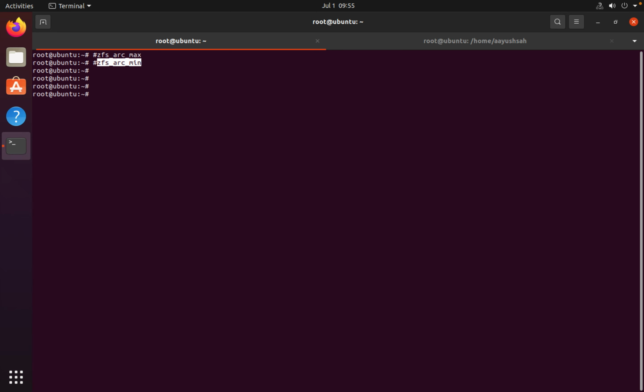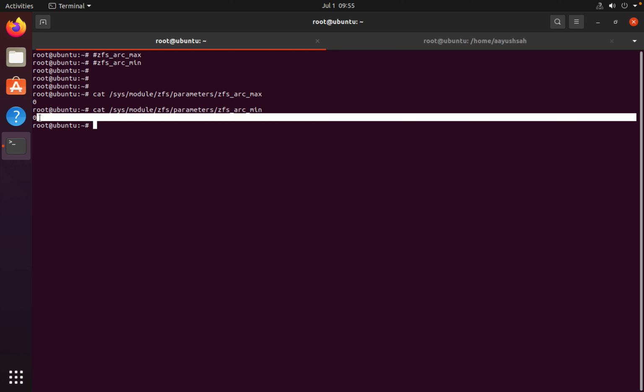So for that, let's check the current configuration. Go to sys module zfs parameters, zfs_arc_max. If you see here, it is not tuned, meaning it can use any amount of memory. Similarly the min is also 0.